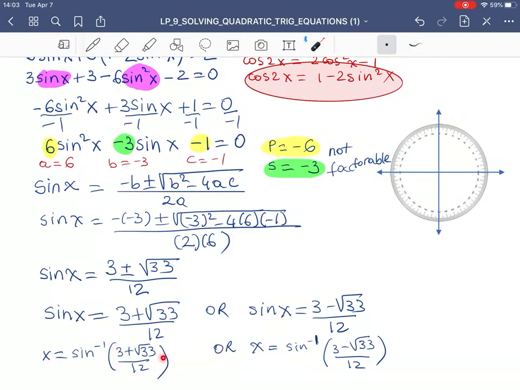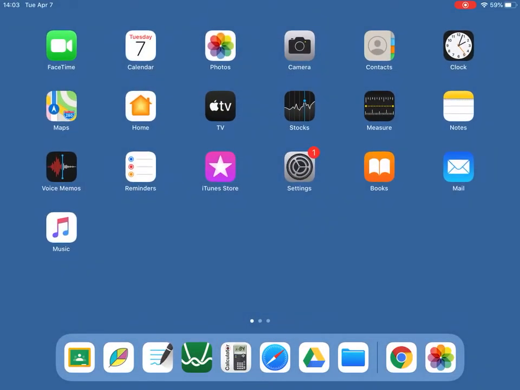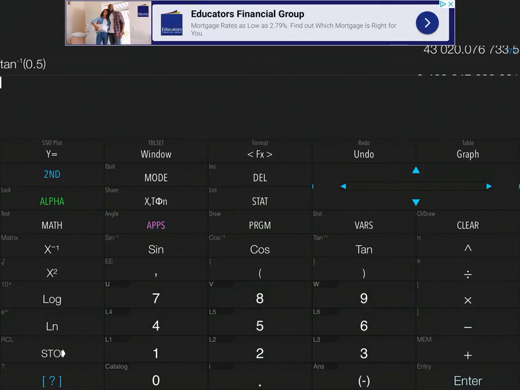So when I'm trying to find the angle x using the calculator, I'm going to type in the whole expression. We have to be careful when we have expressions in fraction form. We need to keep the numerator in brackets and then divide it by the denominator. So I'll walk you through it while I use the calculator.